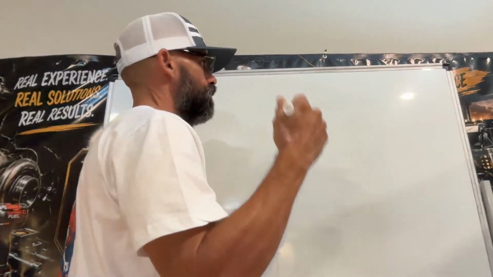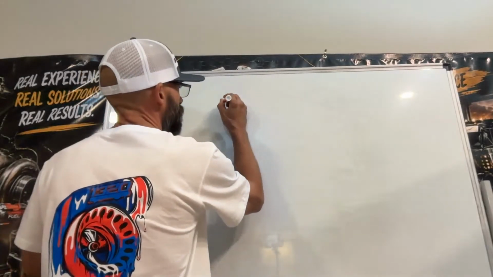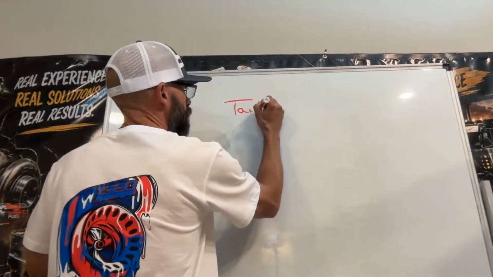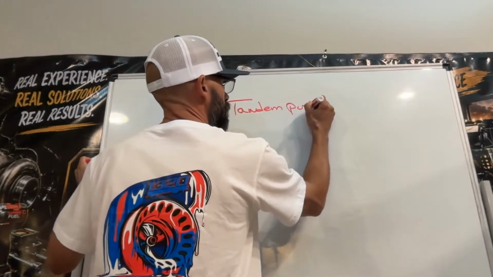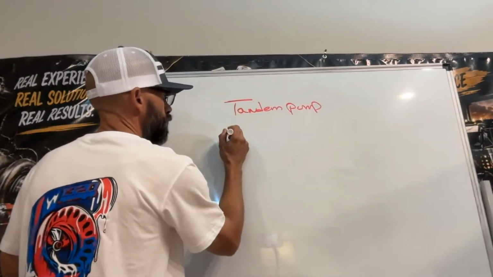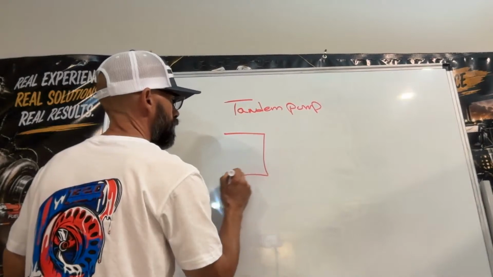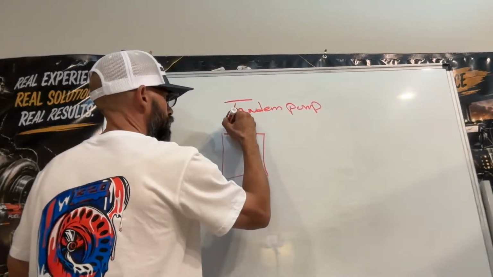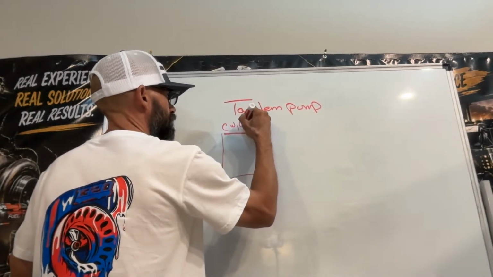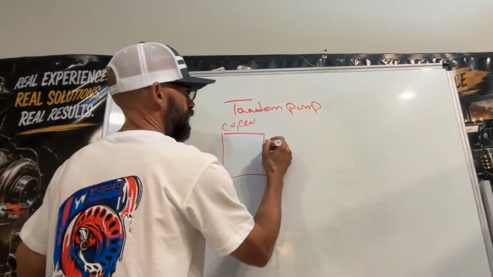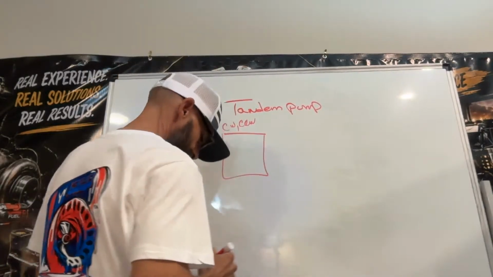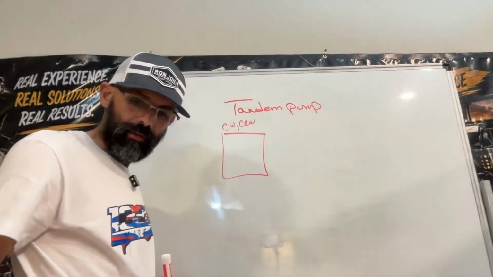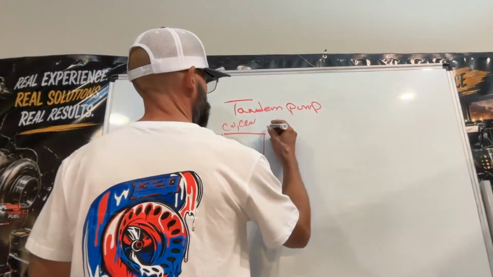So they use what is called a tandem pump, right? So you have a pump right here for your clockwise and counterclockwise. Attached to it, you have, wait, hold on, this is going to be the middle section.